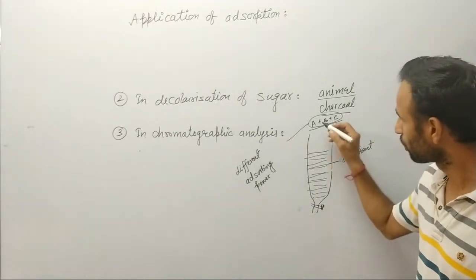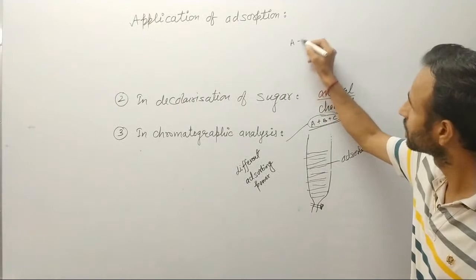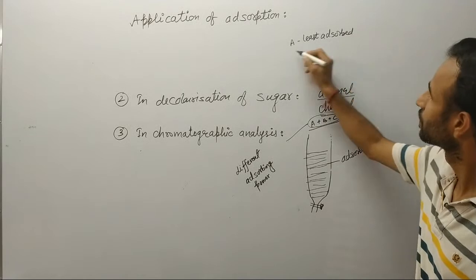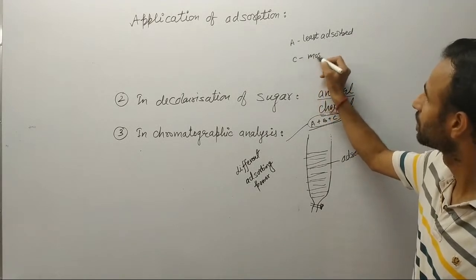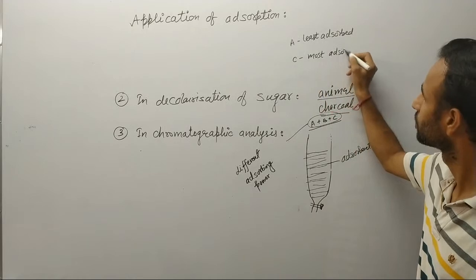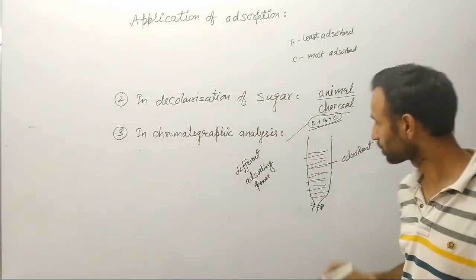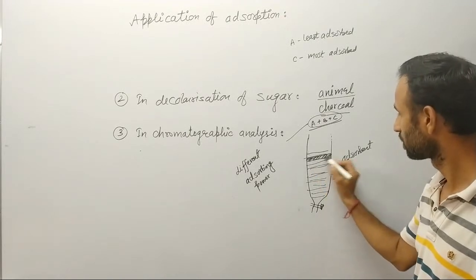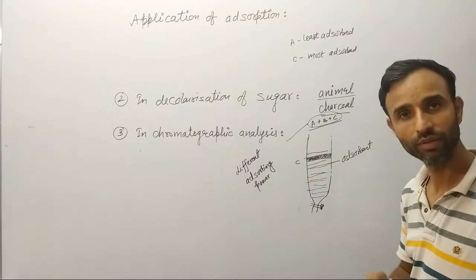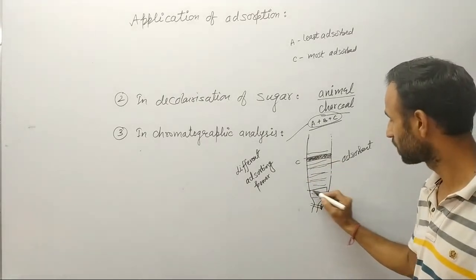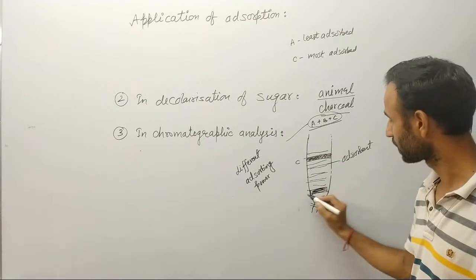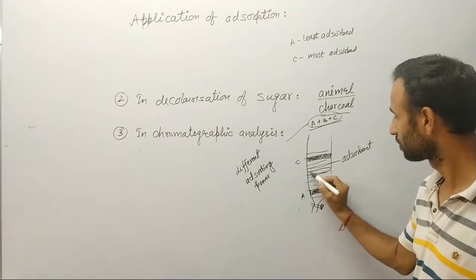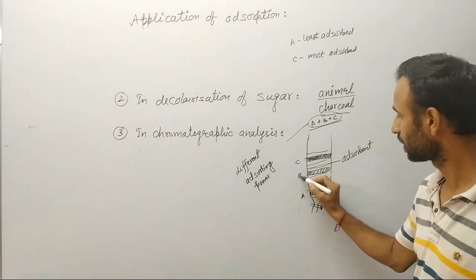let us take A as least adsorbed and C as most adsorbed. The one which is most adsorbed is at the top, the one which is least adsorbed is at the bottom, and midway is the other one.